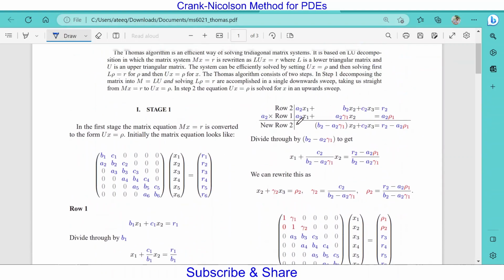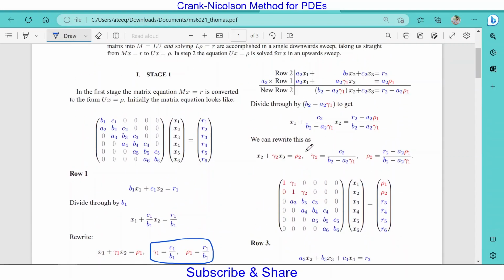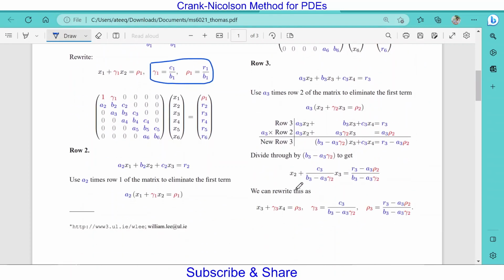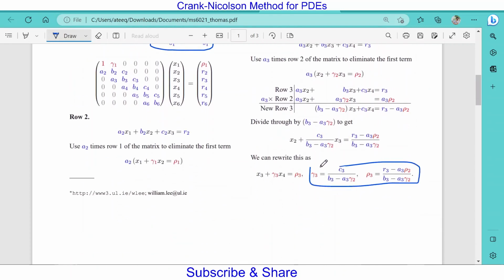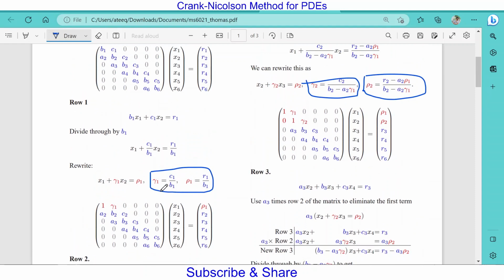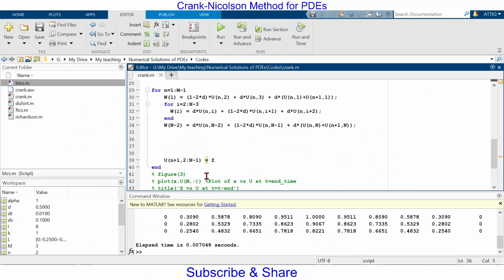And if you observe, for gamma 2 this is this row, and for row 2 this is this, and this pattern will repeat for gamma 3 and row 3. Okay, let's just say we are computing gamma 1 and row 1 outside the loop, and this is how we will be doing it.